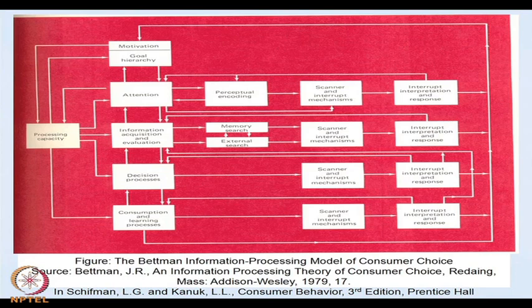Now we come to the third stage, which is attention and perceptual coding. Attention could be voluntary as well as involuntary in nature. When a consumer actively, consciously seeks attention to achieve his goals, it is called voluntary attention.